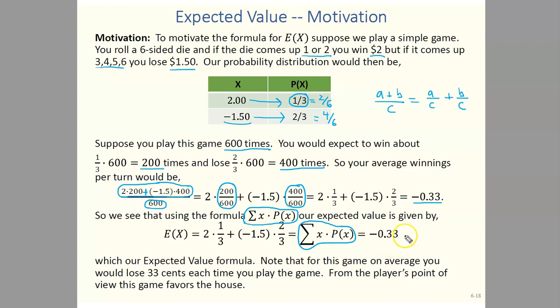Now notice something else about this game. We came up with a negative expected value, negative 0.33. What that means is, from the player's point of view, this is a losing game.